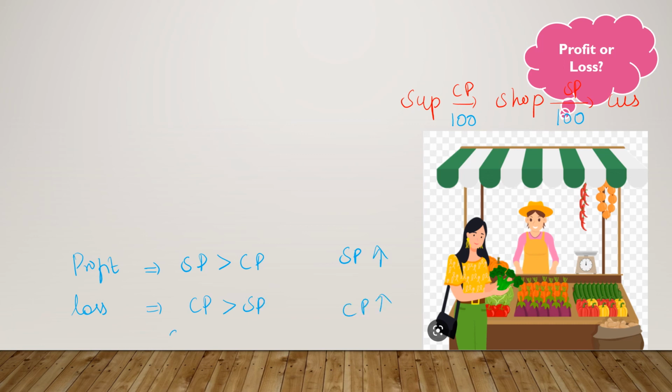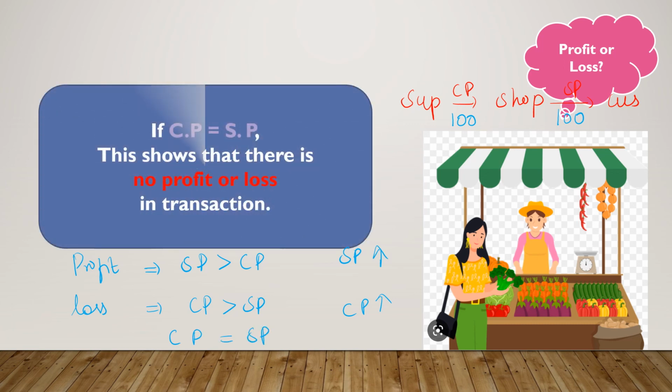What will happen if both are equal? If the cost price equals the selling price, this shows that there is no profit or loss in the transaction. That's it. There is no profit, no loss. It's a neutral stage.